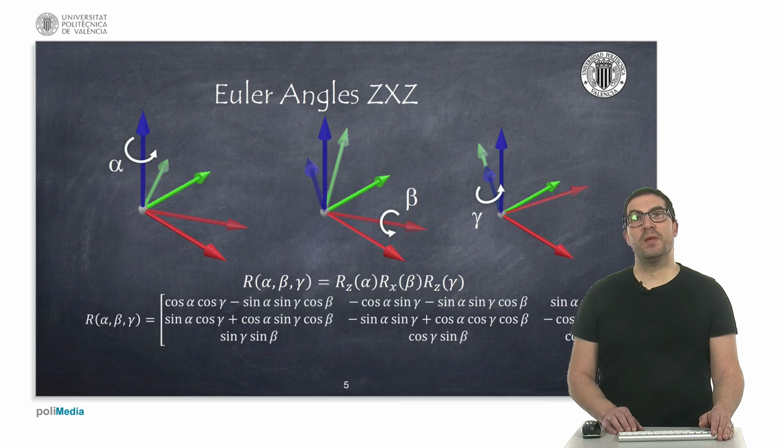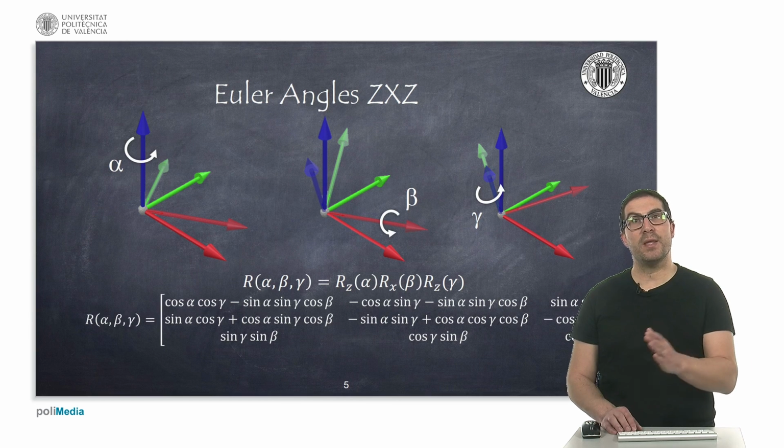To be more specific, we show here a representation of three consecutive rotations using Euler representation ZXZ. As I said, we need to understand these rotations, read from left to right, as applied to the mobile reference frame.